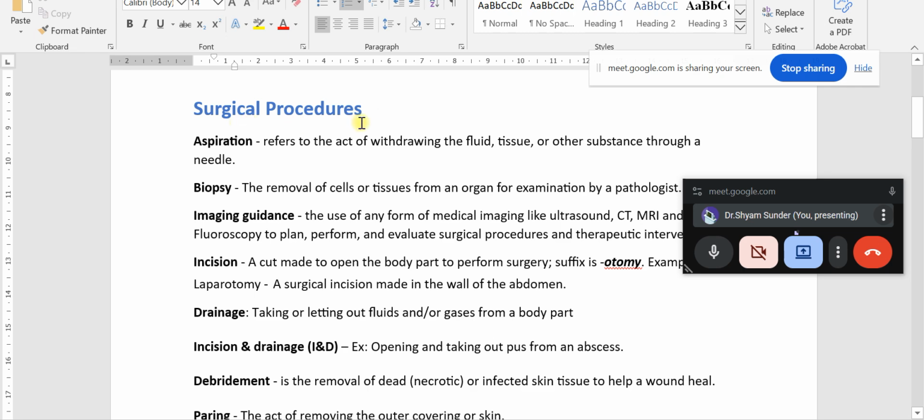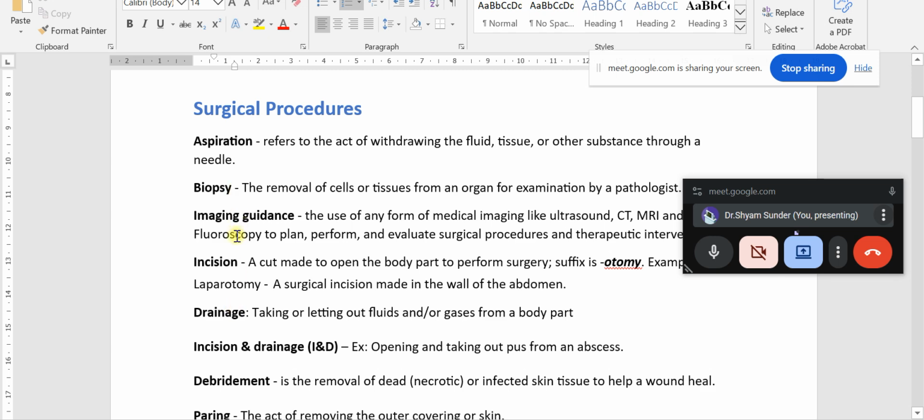These are all called root operations. Please make a note: root operations, or surgical procedures, or surgical techniques, what you call. What do you mean by this? Any surgeon, whether a dermatologist or orthopedician or cardiologist, will do these basic procedures.